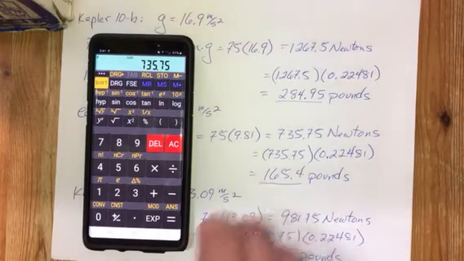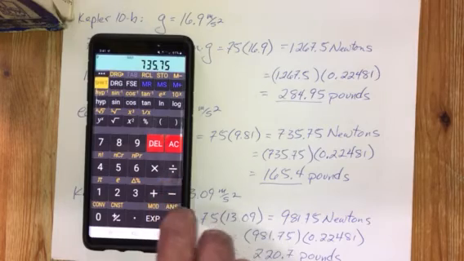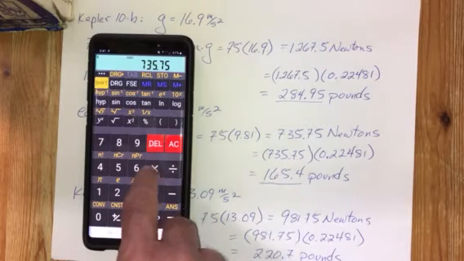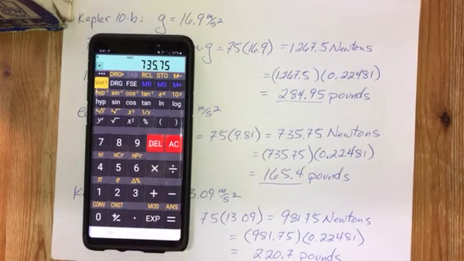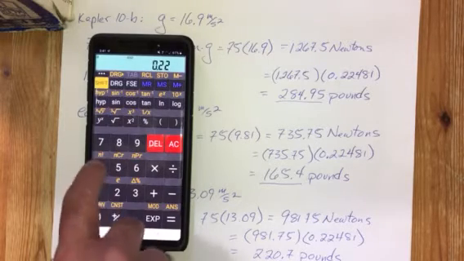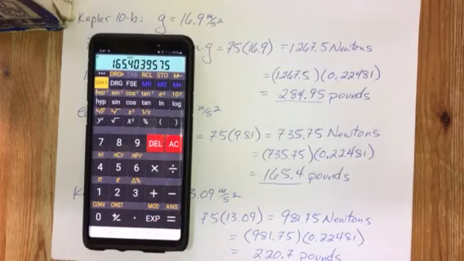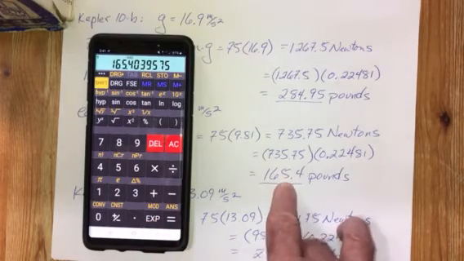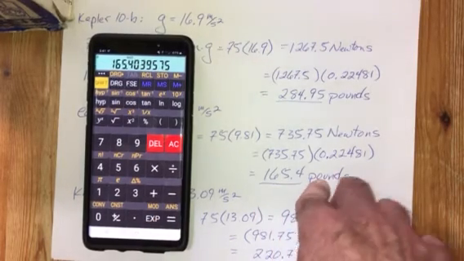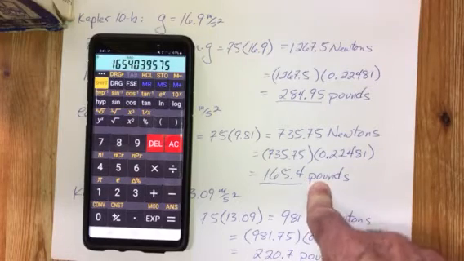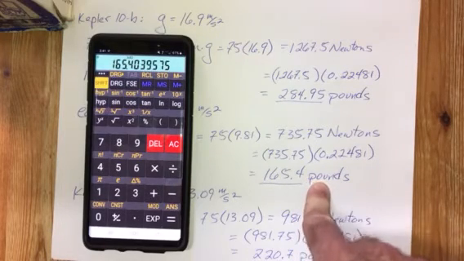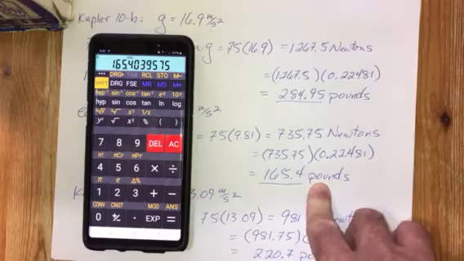Now, again, that's your weight in newtons, which is correct, because that's the measure of force in the metric system, but we want to convert that to your weight here on Earth. So we're going to multiply that number by, again, the newton to pounds conversion factor, which is 0.22481, and we get 165.4 pounds. So if you have a mass of 75 kilograms on Earth, here you weigh about 165 pounds.